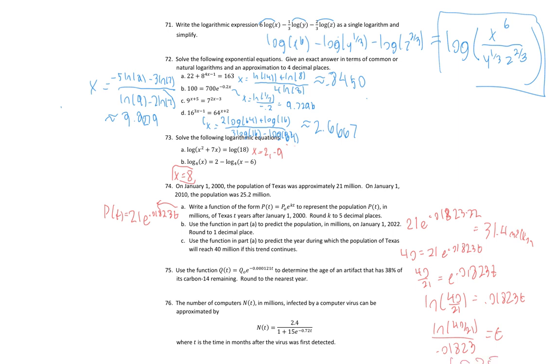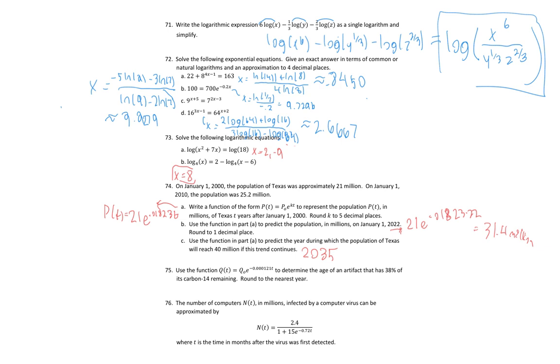So the answer for that one is 2035, because that's 35 years after. We have to make sure it's not going to happen in the year 35. That happened quite a while ago. It's going to be 2035, because that's 35 years after the year 2000.